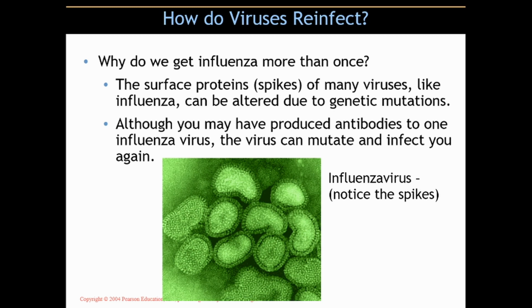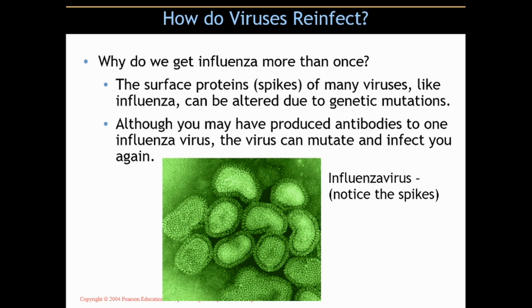But some viruses, they don't mutate nearly as rapidly as the flu virus does. And so you get infected once and then you don't get it again. Like, for example, Epstein-Barr. That's one where most people only get mono once. And they don't get it again because you develop antibodies against them. So this is one of the reasons why.